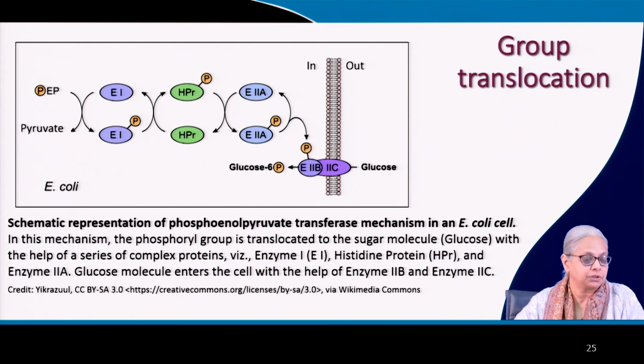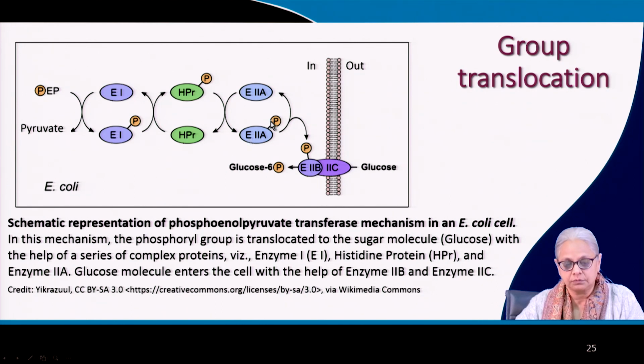So we have phosphoenol pyruvate, which is being converted to pyruvate, and it's mediated by the first complex, the enzyme 1 complex, and then you have the histidine protein, which will pass the phosphate from one complex to the histidine protein to the second enzyme complex.